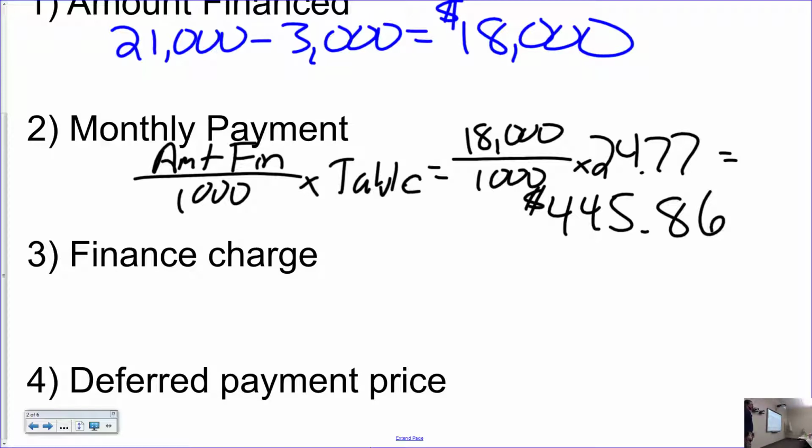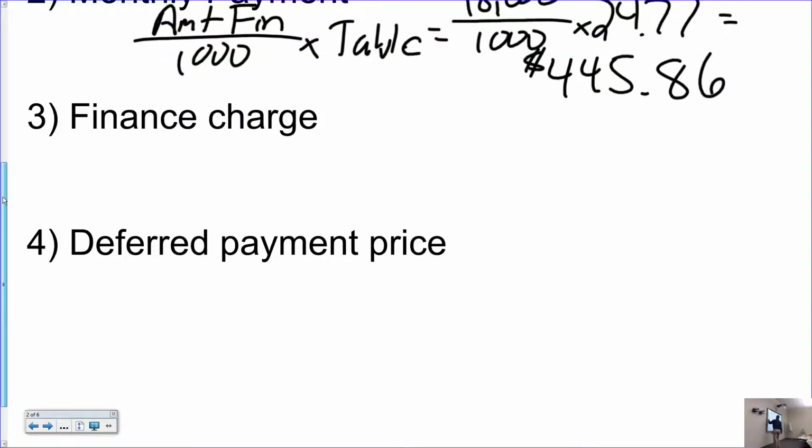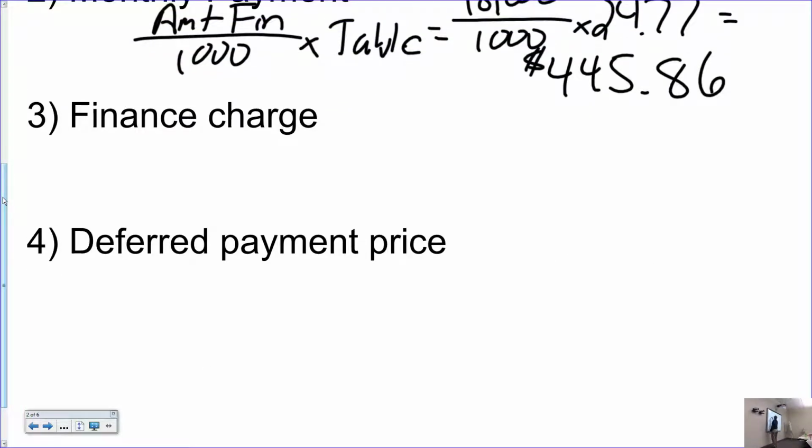So, how much interest am I going to pay? And how'd you get that? Did the monthly payment for 4 years. 445.86, 48 months. And then what did you do? So you got, this is how much you actually pay. What's the finance charge? What's the interest?